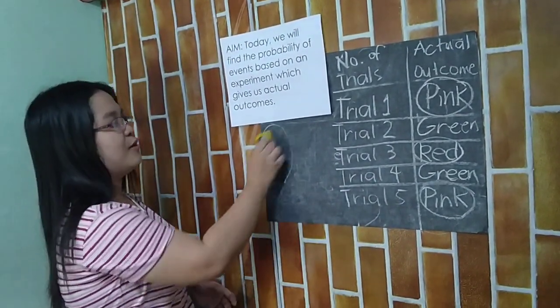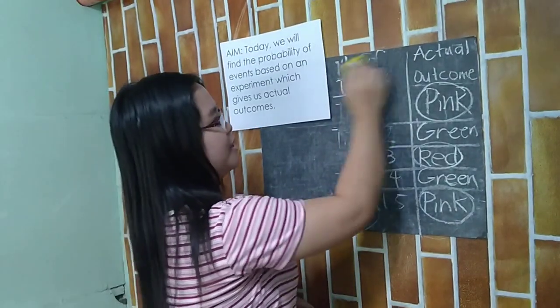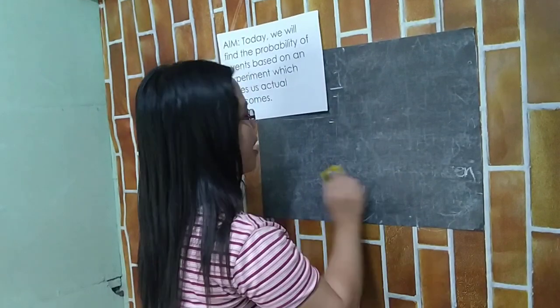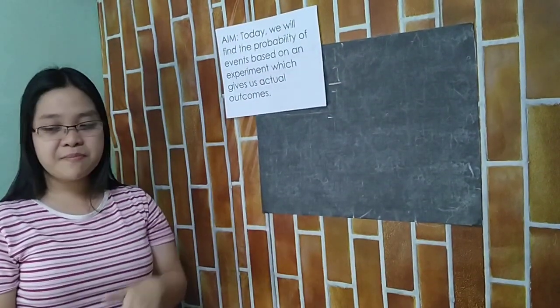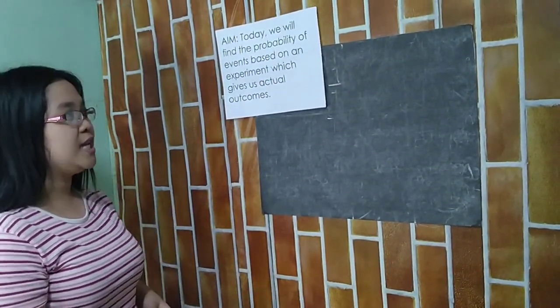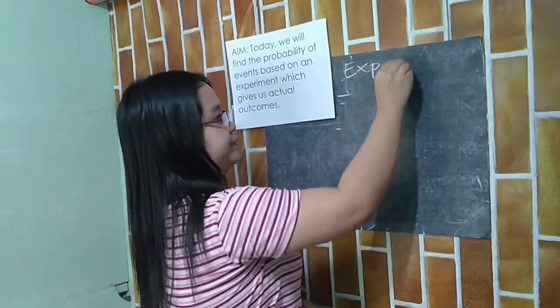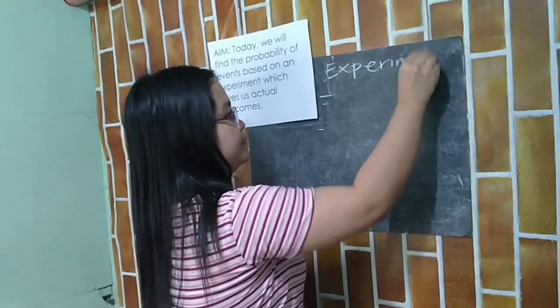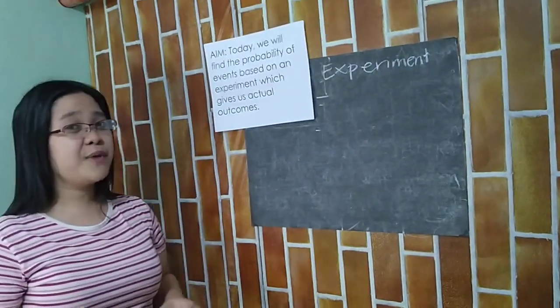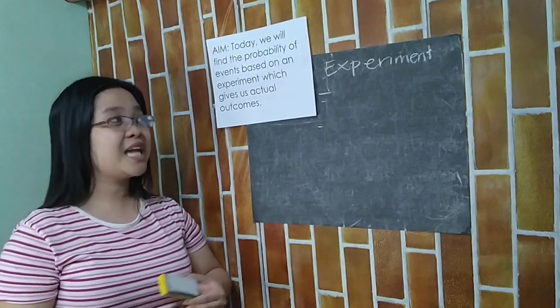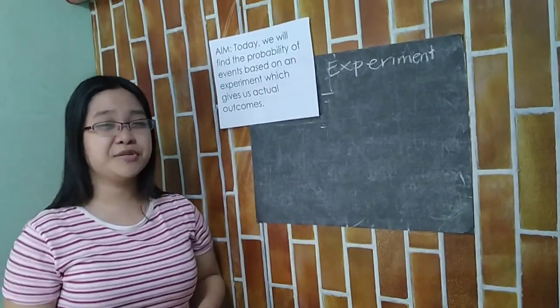Okay? So now let me further explain what we did on this particular kind of probability. Remember, I keep on mentioning a while ago the term experiment. Okay, when you say experiment, like in science, you actually conduct it. You test something to get a result.